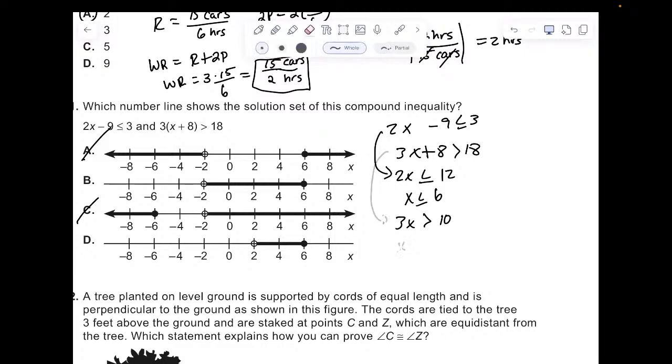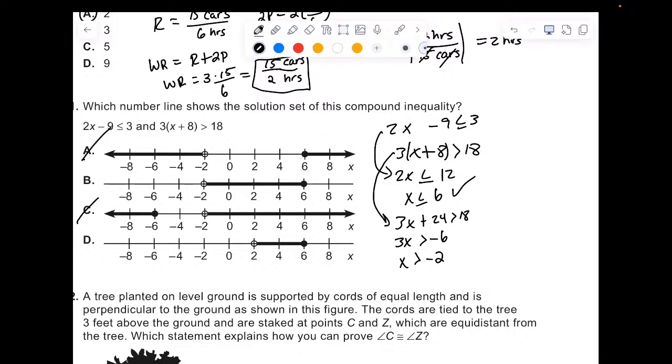Oh, I see. 3x plus 8, 3 times 8 is 24. 18 minus 24 is negative 6. x is greater than negative 2, which gives us B. Oh, wait, we got to determine if the points are included.